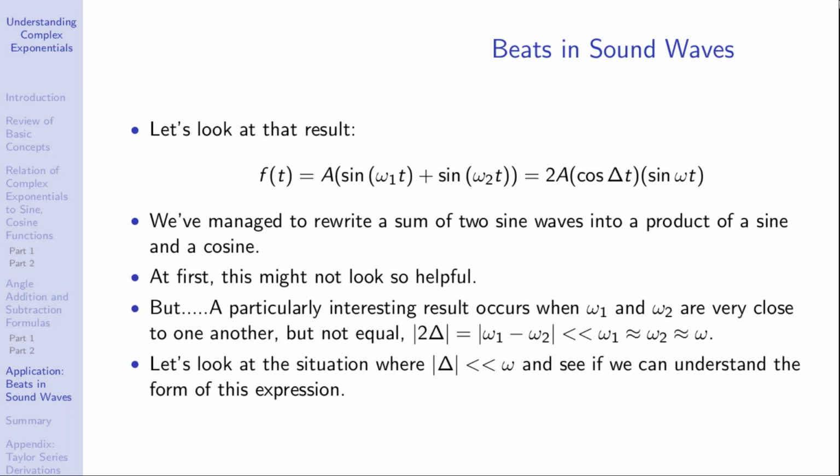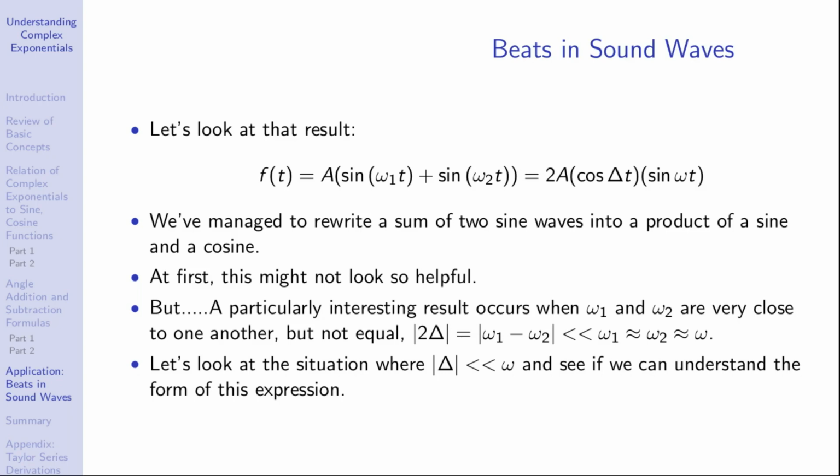Okay, so let's look at that result. f of t, which we originally defined to be a times sine of omega 1 t plus sine of omega 2 t, is equal to 2a times cosine delta t times sine omega t. We've managed to rewrite a sum of two sine waves into a product of a sine and a cosine.